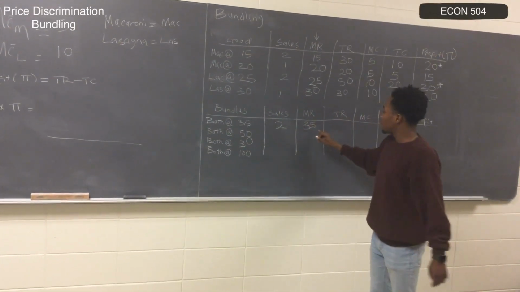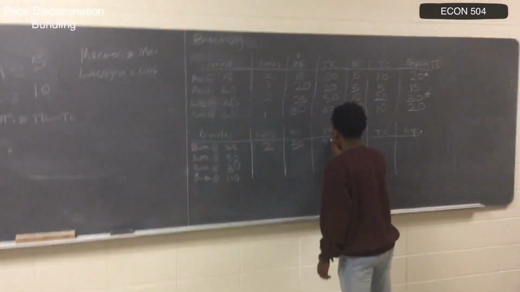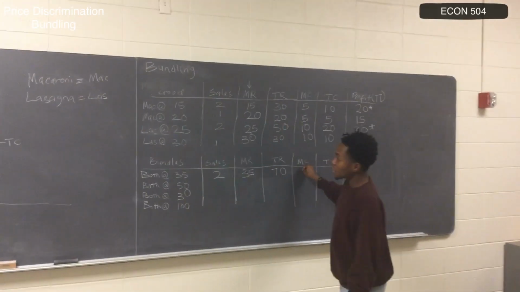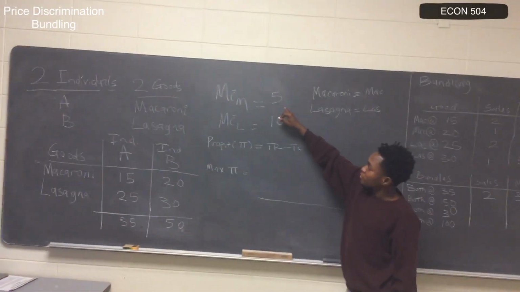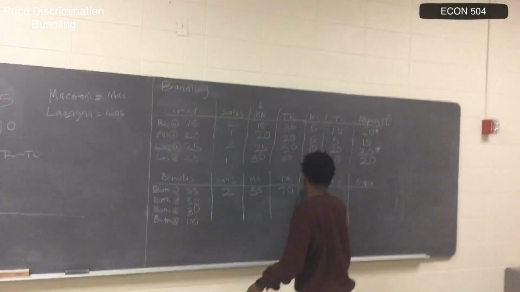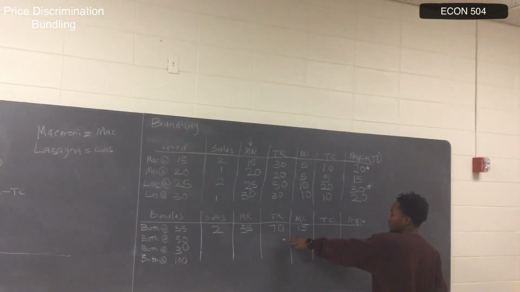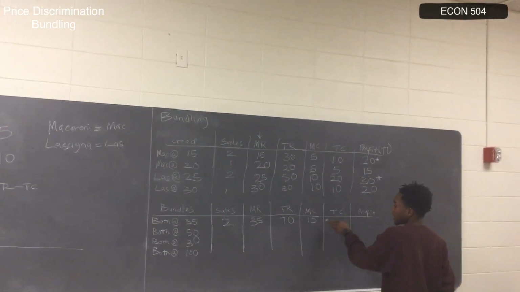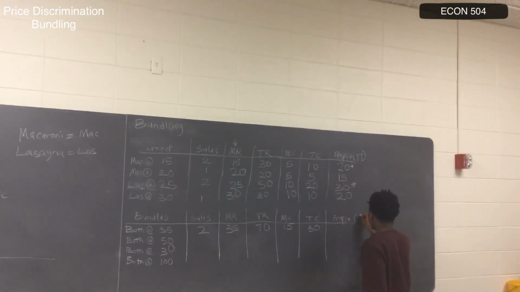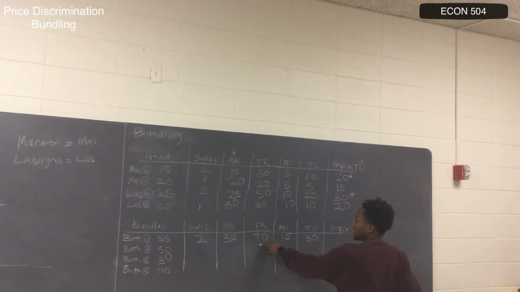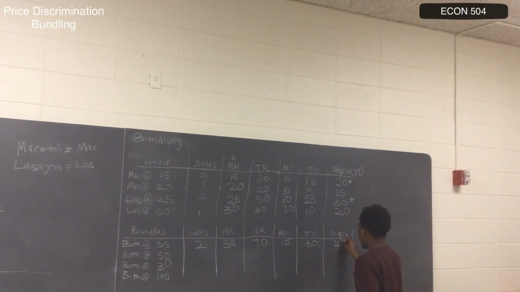The total revenue will be 35 times 2 because I'm selling to both individuals. That would be 70. The marginal cost of selling both goods is the addition of both marginal costs, which is 5 plus 10. That is 15. The total cost, because I sell to two individuals, is 15 times 2, which is 30. And the profit in this case is TR minus TC, so that's 70 minus 30, that's 40.